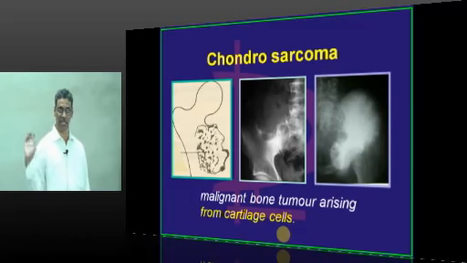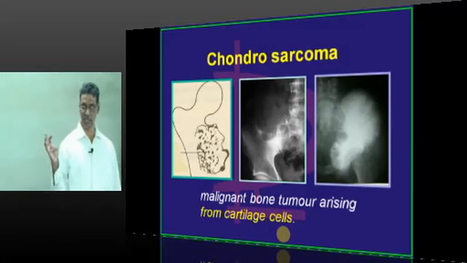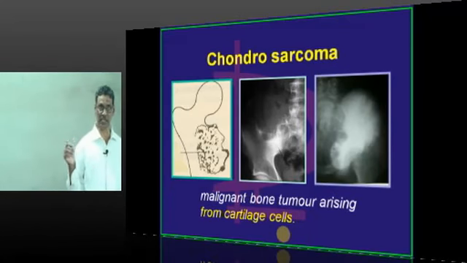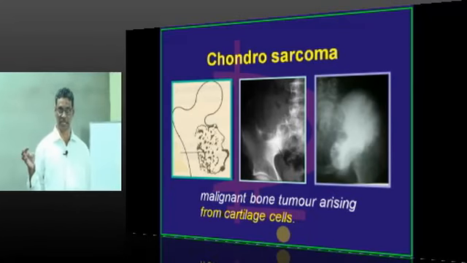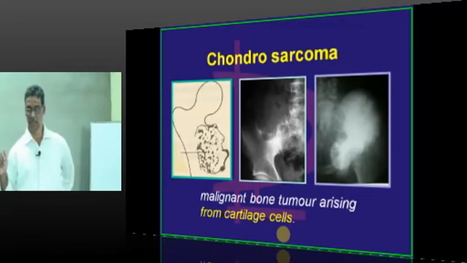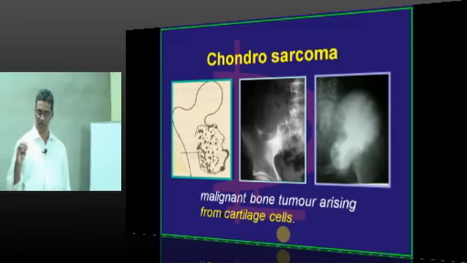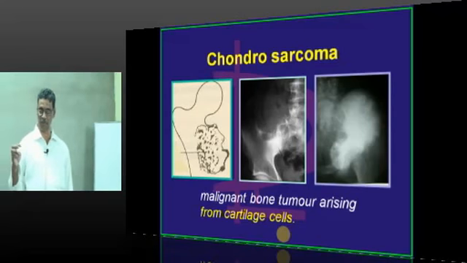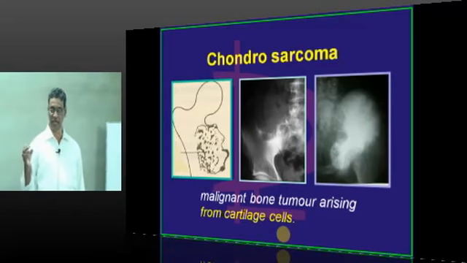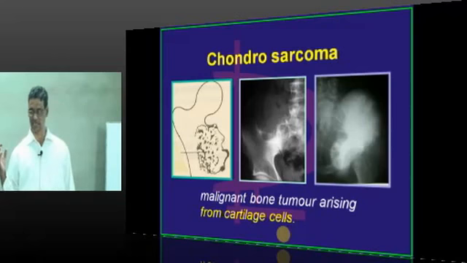I impress upon you again, you should know the exact age of occurrence of that particular tumor. Next, what are the bones affected, usual and abnormal, and the sites of bones affected, and the specific microscopic findings and specific radiological findings of the tumor.